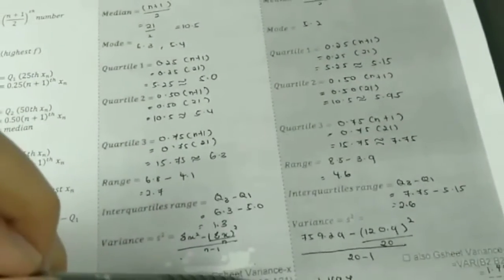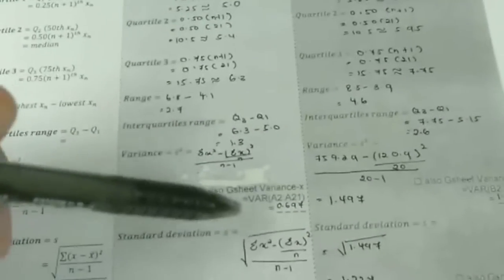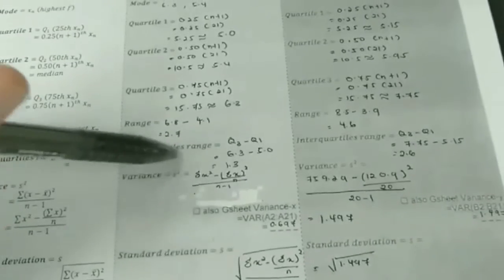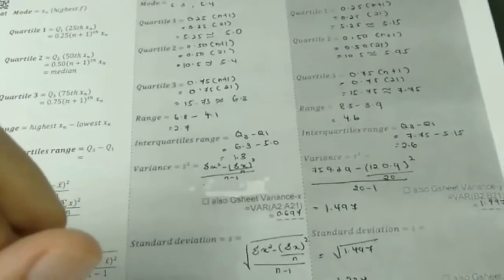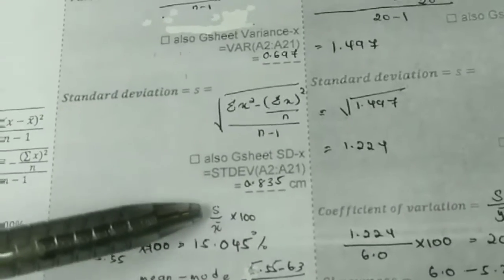The variance, we just follow this formula and we get 0.697. Standard deviation, just square root the value of variance that we get, 0.835. The coefficient of variation, the formula is S over X-bar multiplied by 100. S we get from the standard deviation, and this is the symbol for the mean.